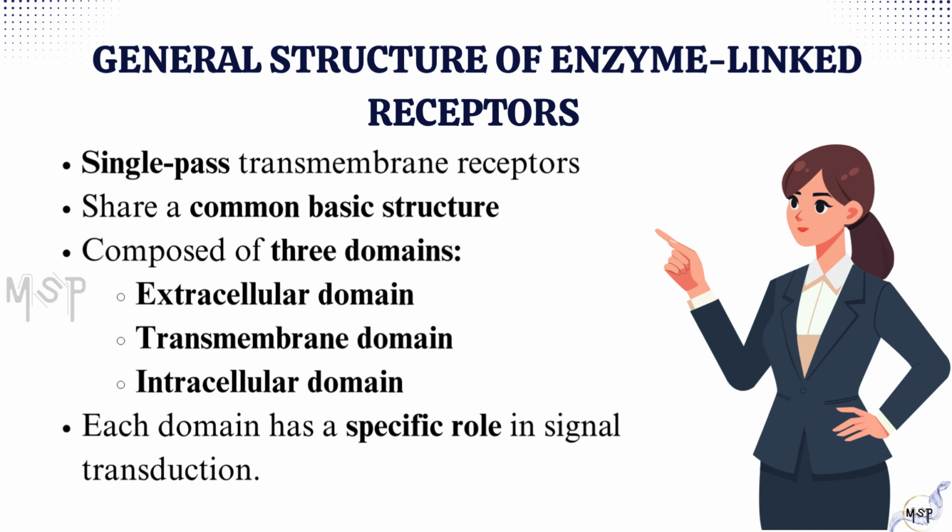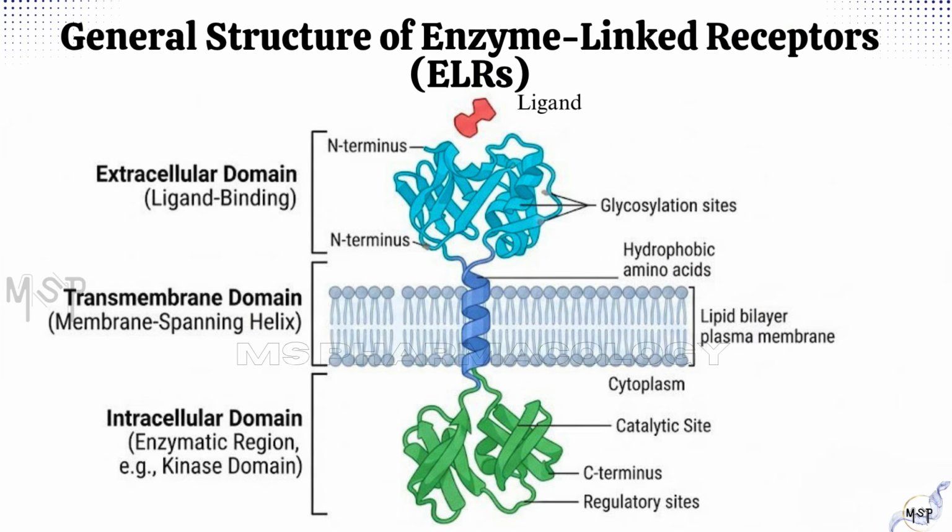They are single-pass transmembrane receptors, meaning that the receptor crosses the plasma membrane only once. Structurally, they can be divided into 3 major regions: the extracellular domain, the transmembrane domain, and the intracellular domain. Let us look at each of these components.